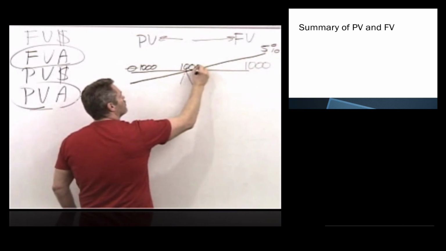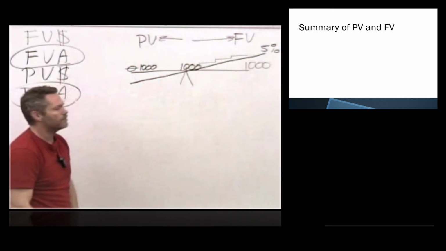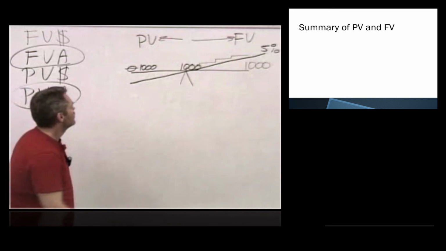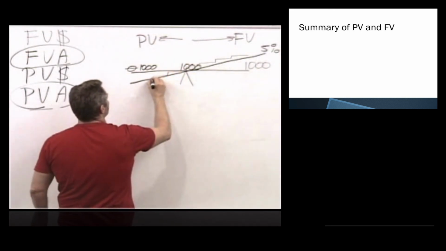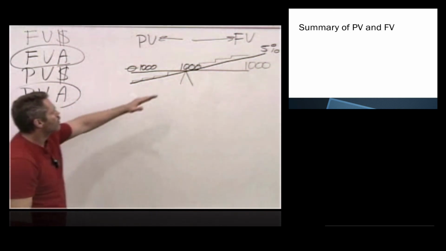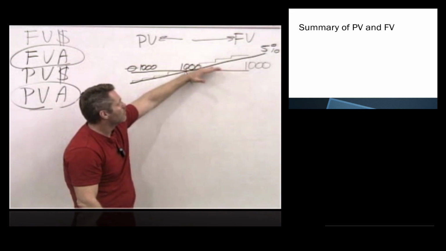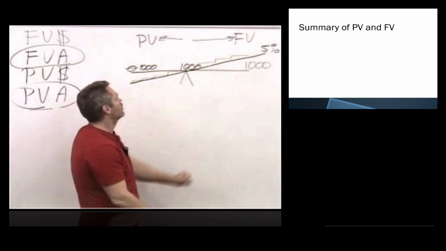Each year we move out into the future, the value goes up by 5%. Each time we go back in time, our value drops by 5%. So we know on this side of the line, when our interest rate increases, we get more money. We get a better rate of return, which is true.